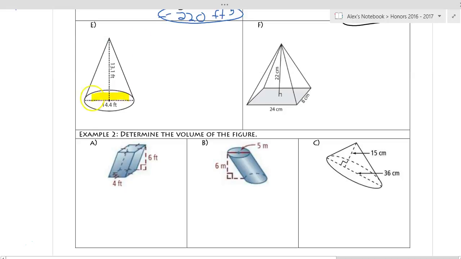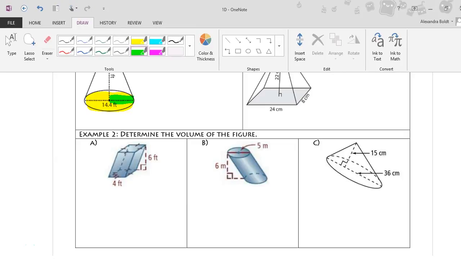For this one, again, we start with that base. So here my base is a circle. The area of a circle equals pi r squared. This is where you have to be careful, because the radius is just half of my circle.